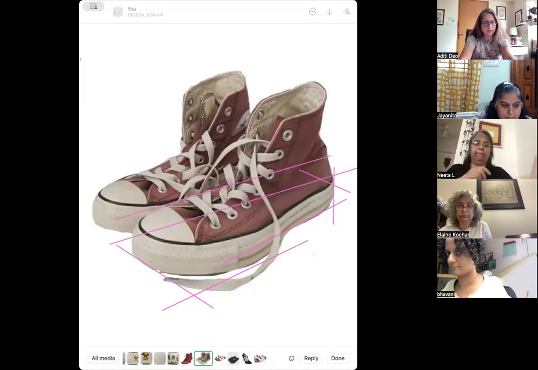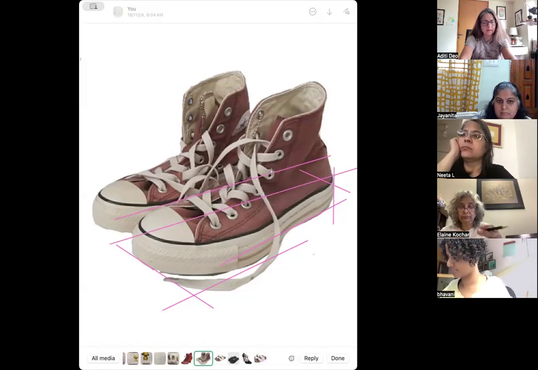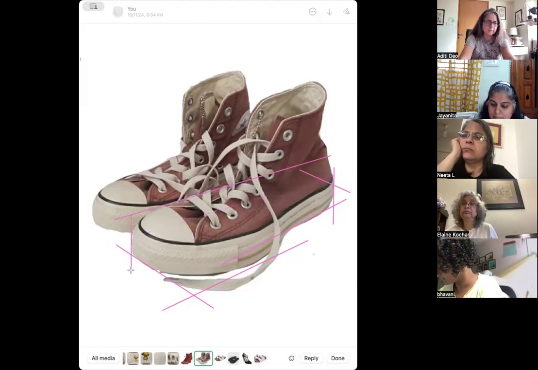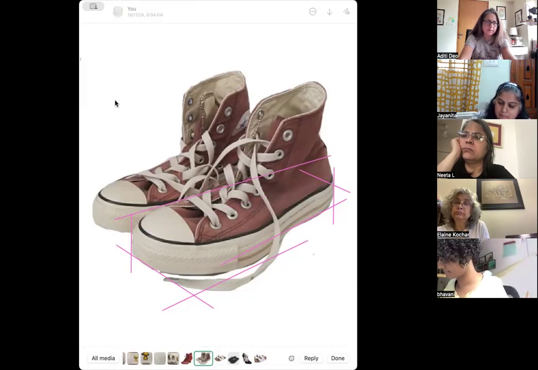So here are the bases, and then from there we can draw everything else. I don't even need to draw this last line. Then we have the long curves on the bottom.